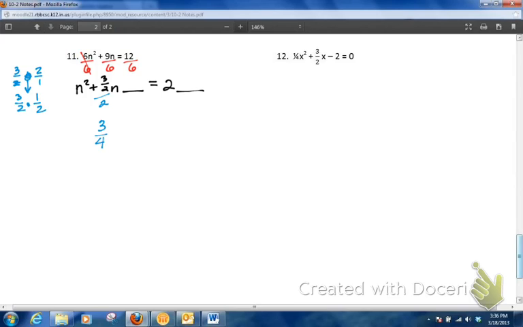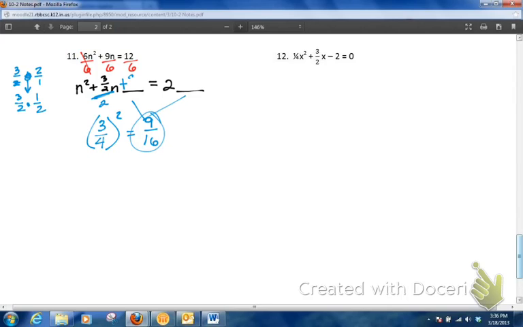So it's actually 3/2 times 1/2, which is how I got the 3/4. So half of 3/2 is 3/4, and I'm going to square it, which gives me 9/16. So 9/16 is what gets added into both sides.